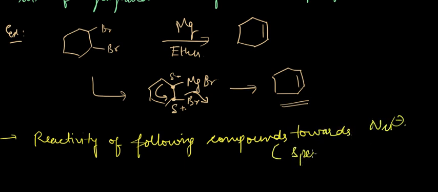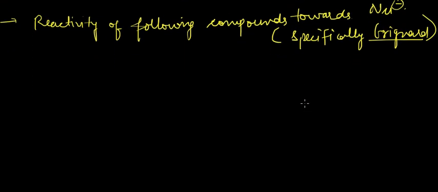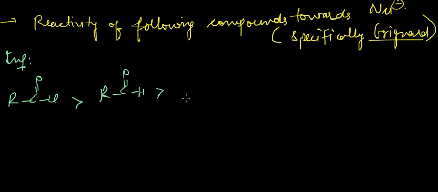Specifically, in our scope, for the time being, the Grignard reagent. What happens here is important, and you must remember this: acid chloride has the highest reactivity rate, higher than aldehyde, which is higher than ketone, which is higher than RCOOR, which is higher than RCONH2.